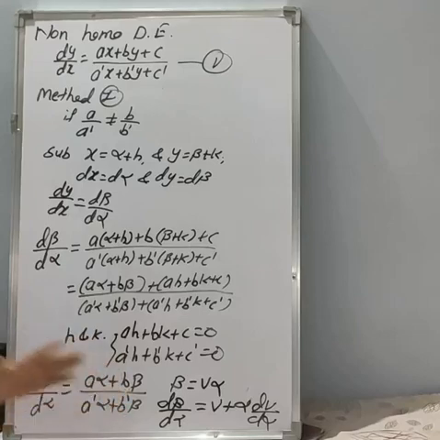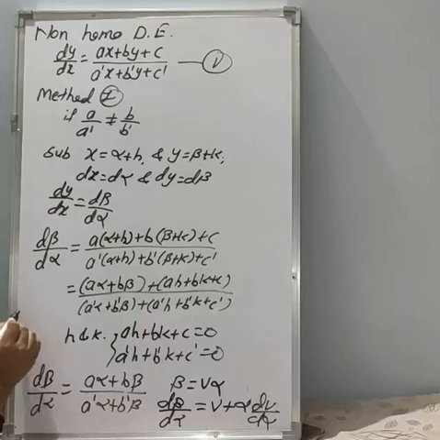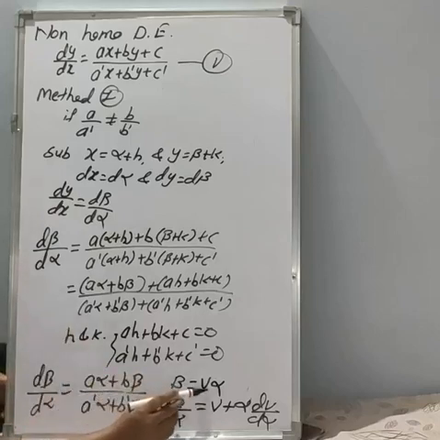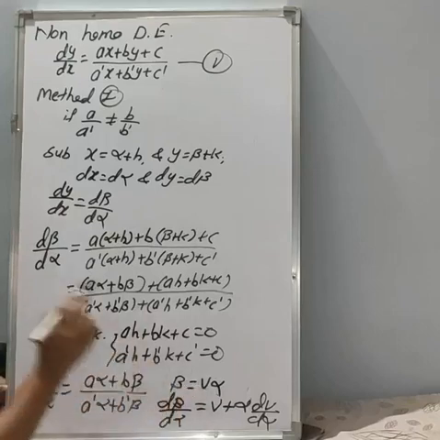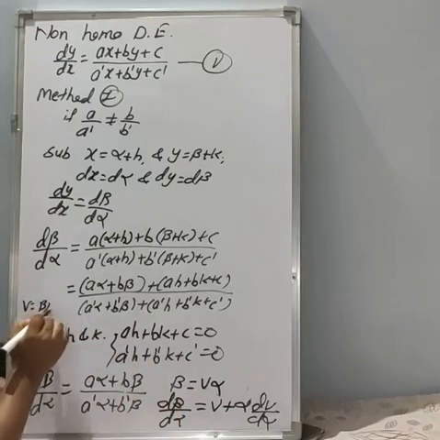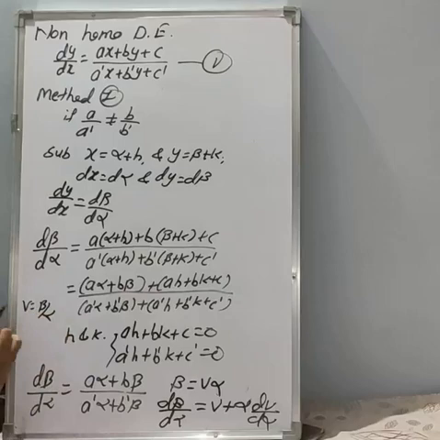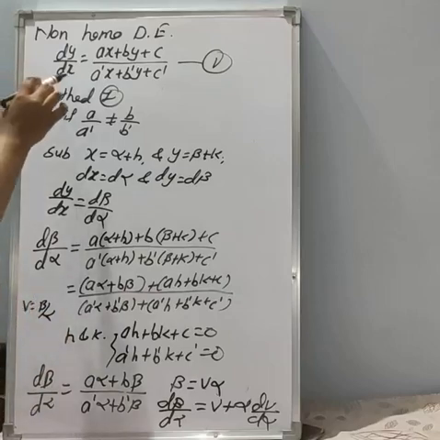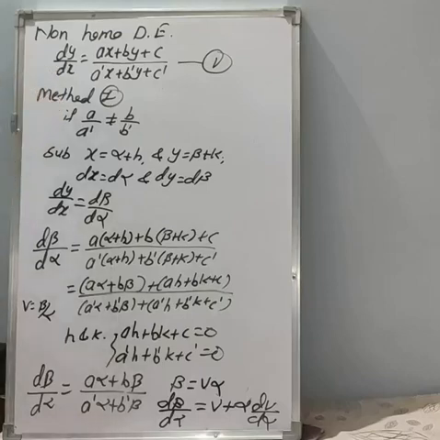Finally, in that solution, substitute the value of v. Here we have beta is equal to v alpha, so v is beta divided by alpha. Our equation is in terms of x and y, so we want the solution also in terms of x and y.